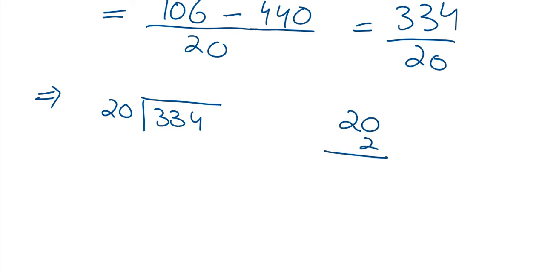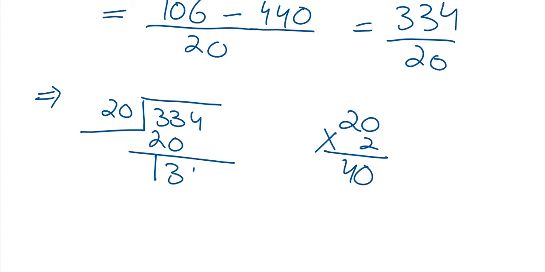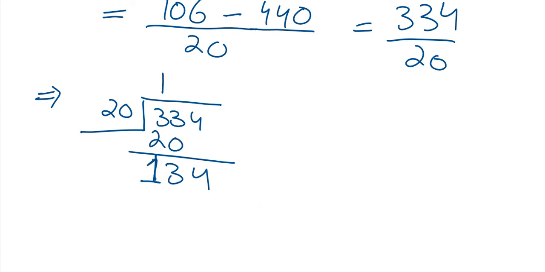So we got 40 over here, then we multiply it with 2. So we can easily write 20 over here because it's still smaller than 40. So now we have 134 that is still greater than 20. And what if we put 13 over there, that is still greater than that.